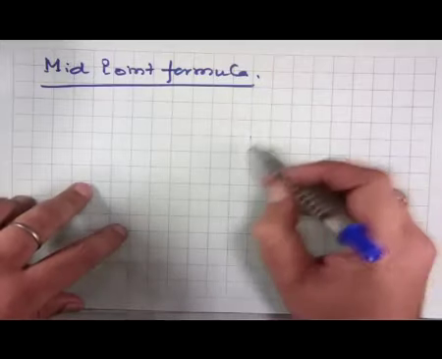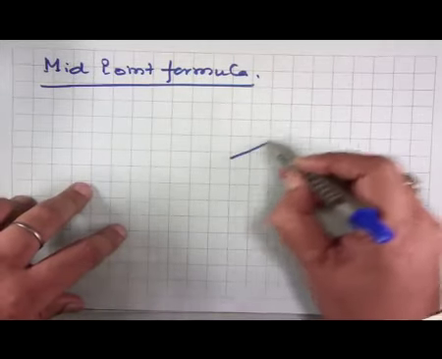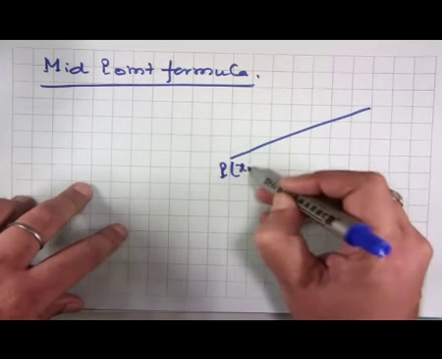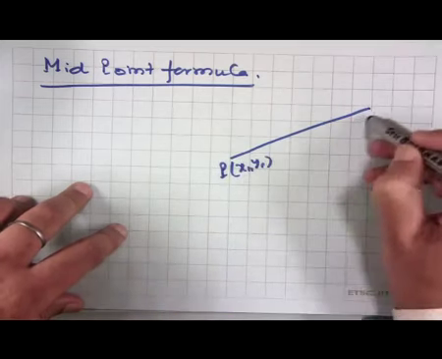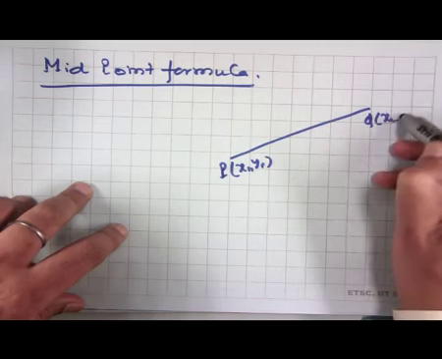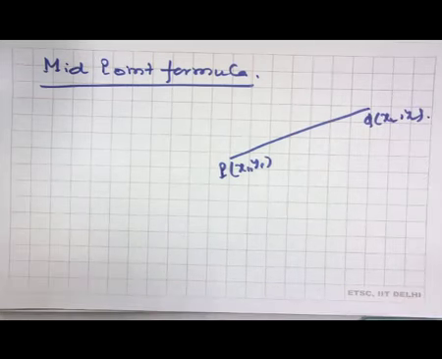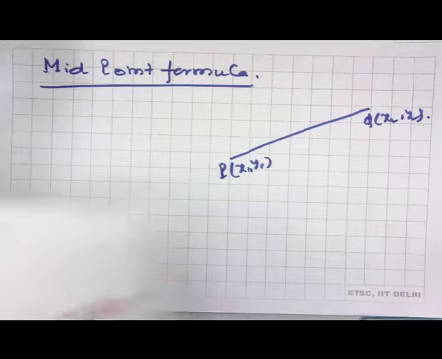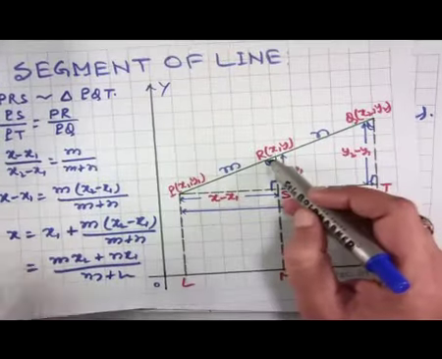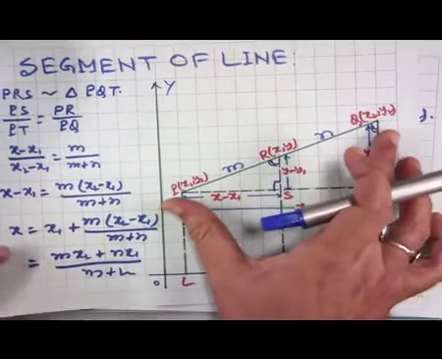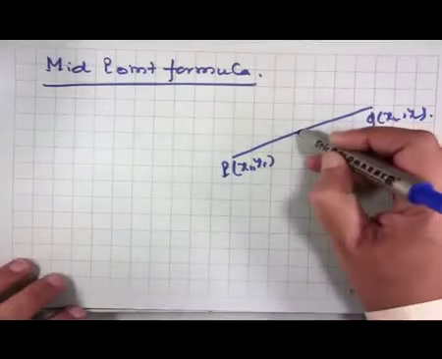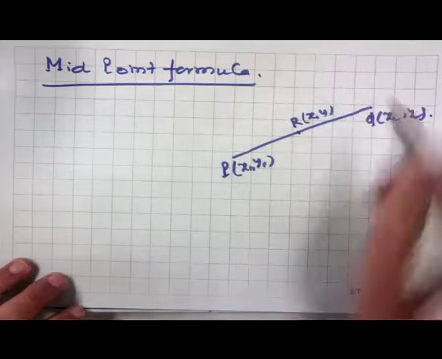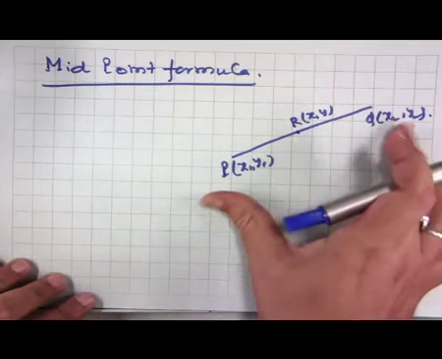Similarly, suppose this is P (x1, y1) and Q (x2, y2). If R is the midpoint of PQ, so here we take R (x, y) as the midpoint of PQ.